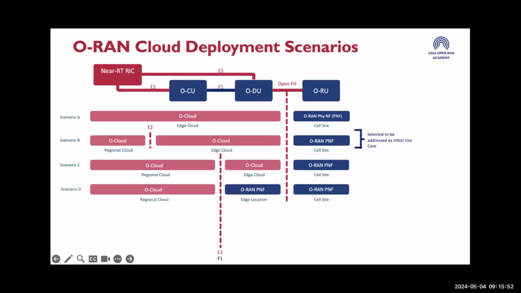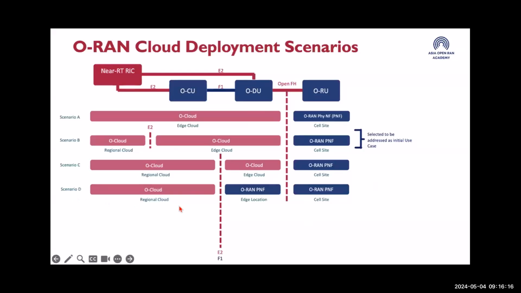In some cases, the ODU is located near the edge location. In Dish, they call it the lead sites. So you have a centralized DU, the DU is located in a central location, and then you use dark fibers going to your radio units.